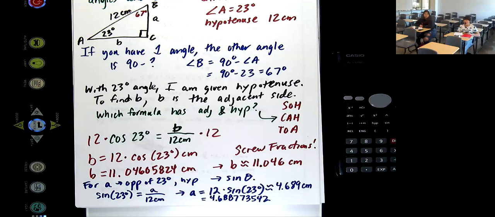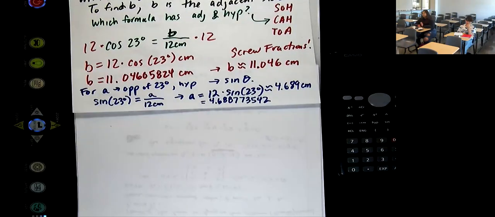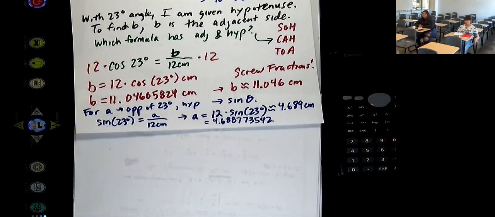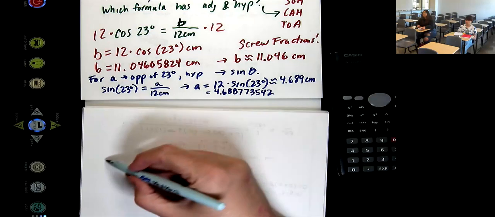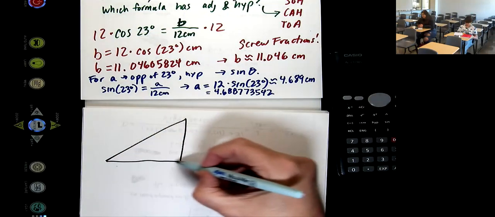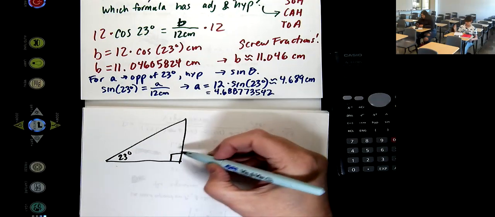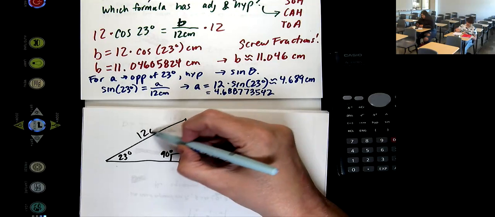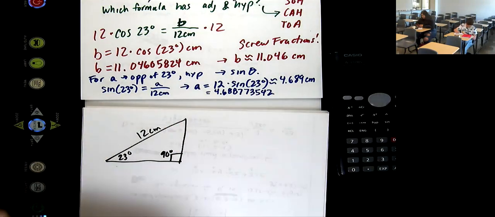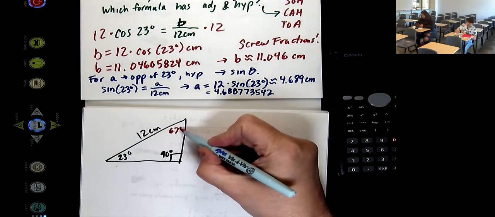Now we have every piece of information about the triangle. Check it out. We were given 23 degrees here. We know that's a right angle, so we know that's 90 degrees. And we were given 12 centimeters there. We calculated this to be 67 degrees.